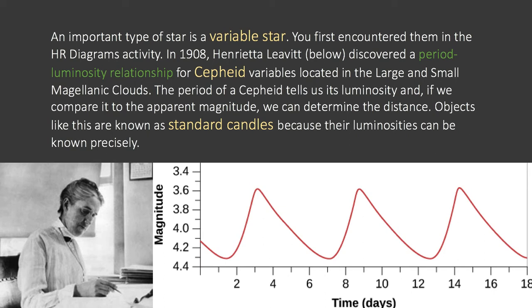They're burning hydrogen, they have a certain mass, a certain radius, a certain luminosity, a certain temperature. All of those characteristics are really well understood, and how they're related to one another. But stars off of the main sequence can behave in different ways, and one of the more important ones is variable stars.